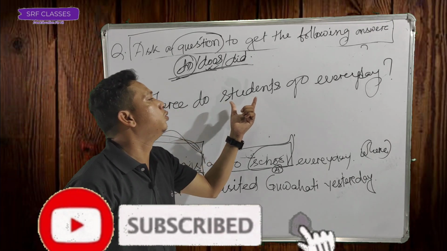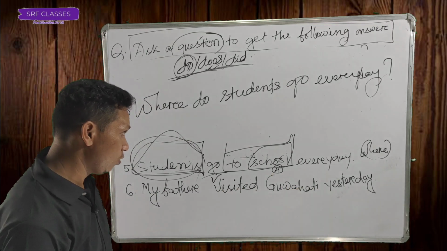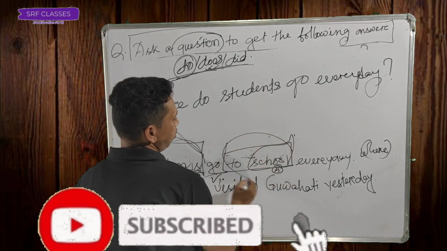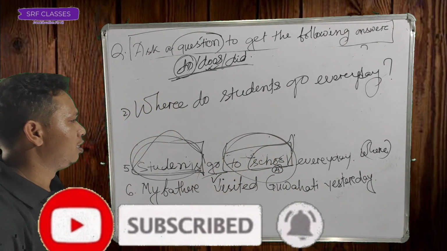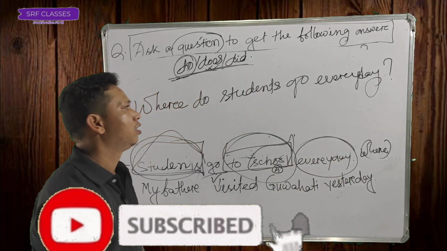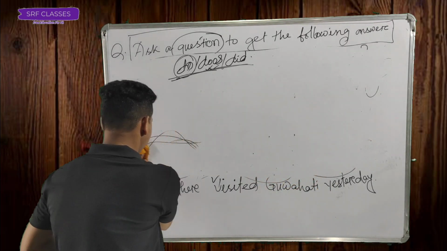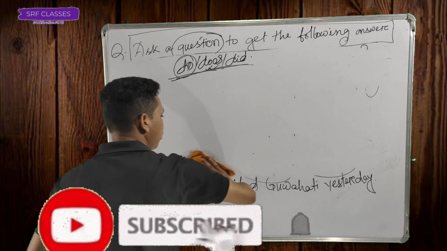So, where do students go every day? To school is the answer. It can also be, when do the students go every day. So I think the fifth one also you have understood.